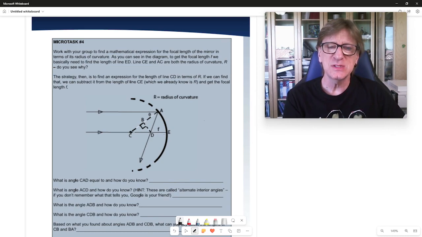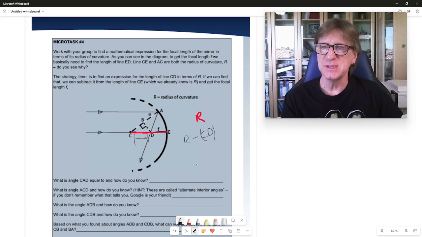Well, the distance from C to E, let's use a different color here. The distance from C to E is what? That's going to be our radius of curvature, r. Can you see that? So my focal length then is going to be the radius of curvature minus this distance right here that we're going to call CD.